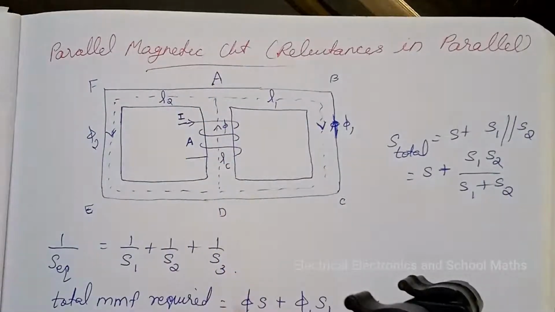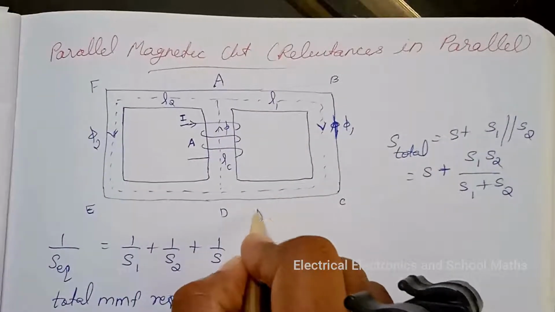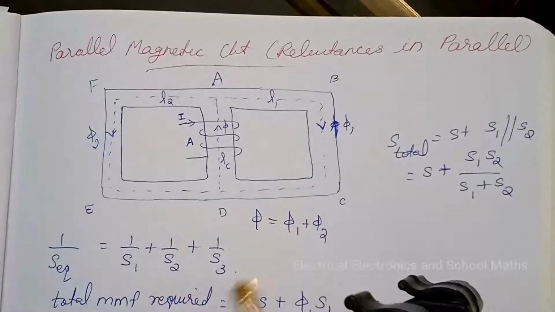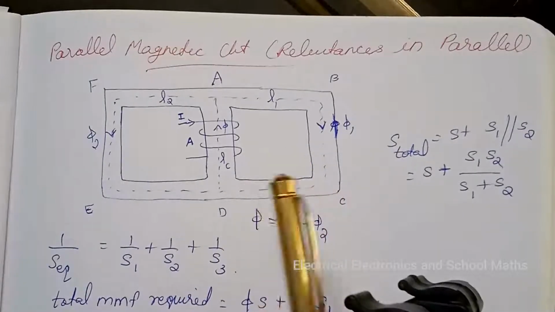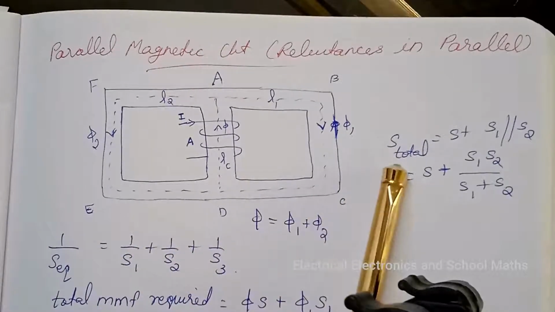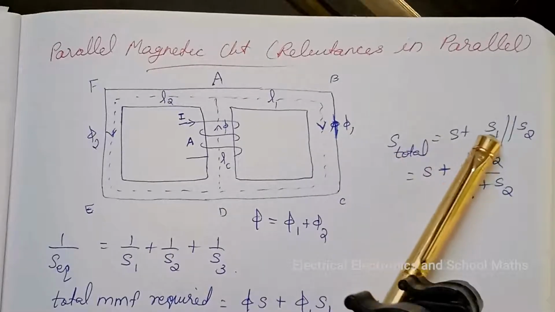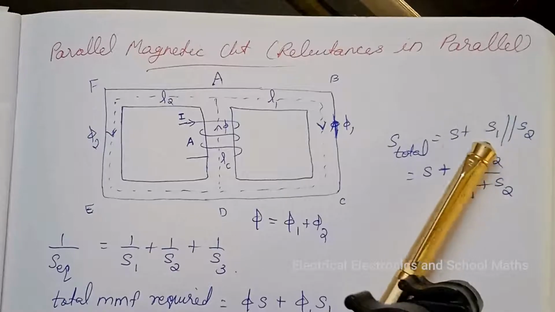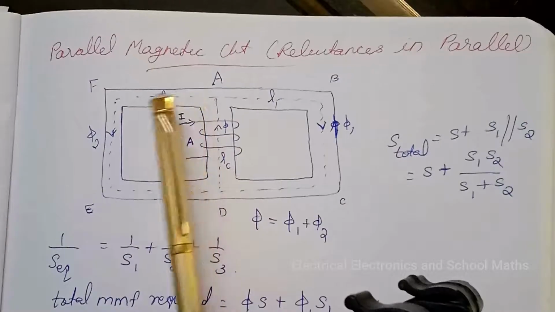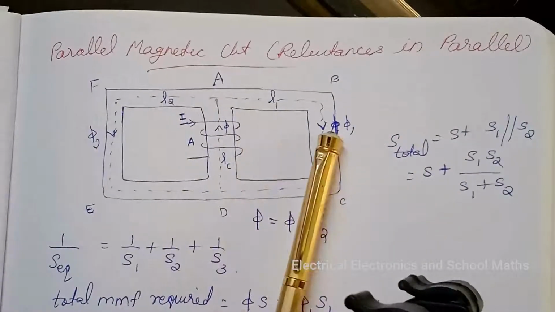This flux is divided into two, so the total flux phi is equal to phi 1 plus phi 2. In this case the total reluctance S is equal to S plus S1 parallel to S2, where S is the reluctance of the central limb and S1 and S2 are the reluctances of the parallel limbs.